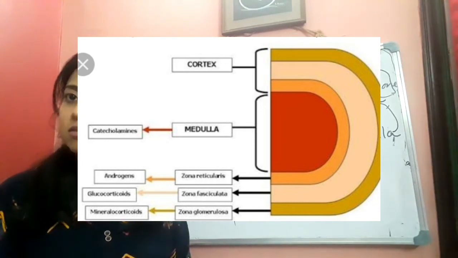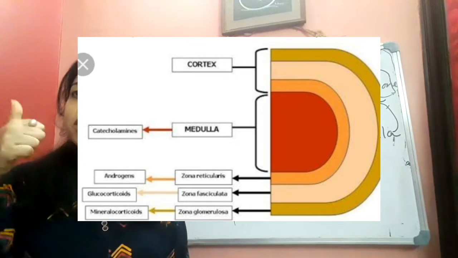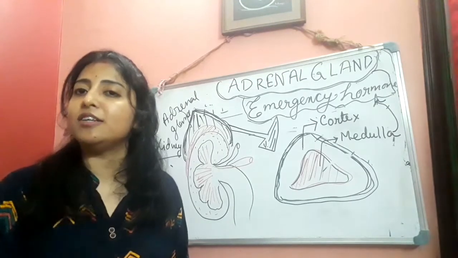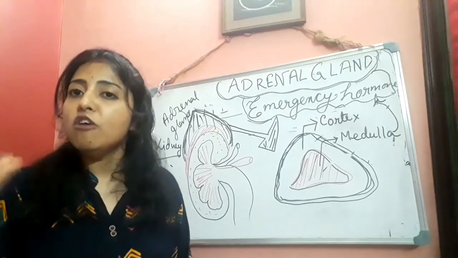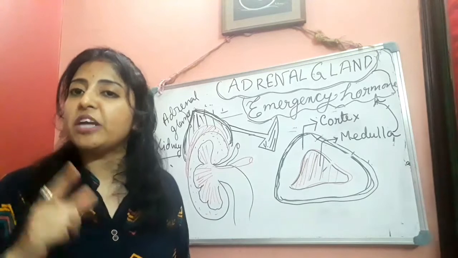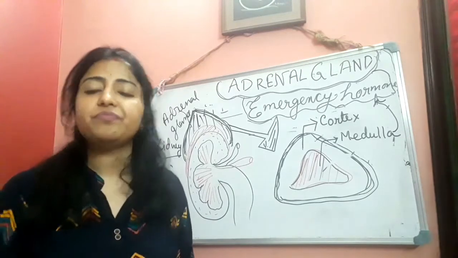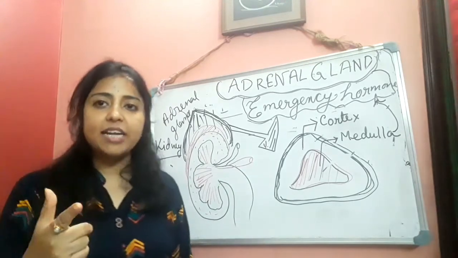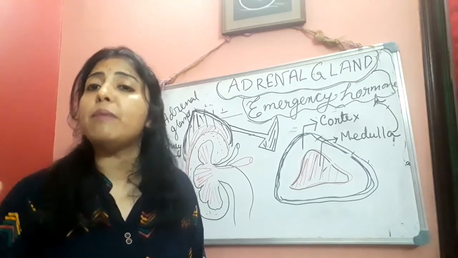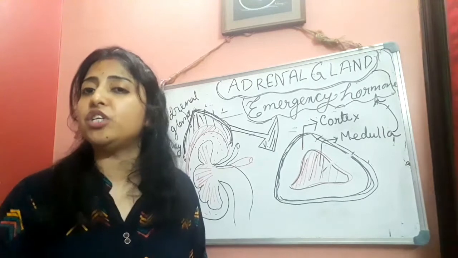Clear? So already I told you, the first one is aldosterone, mineralocorticoid. Its target organ is the kidney or kidney tubules, for maintaining the balance of different kinds of minerals, especially sodium. Another one I told you is glucocorticoid, which will maintain the metabolism of carbohydrate, protein, fat or other nutrients.